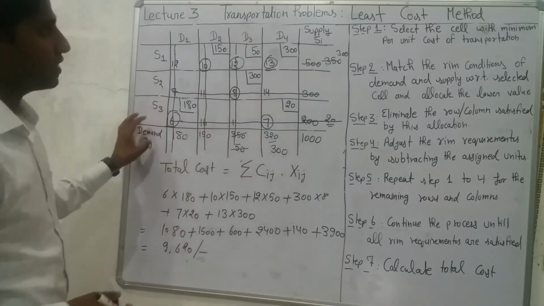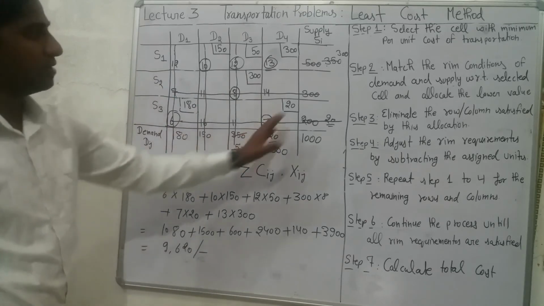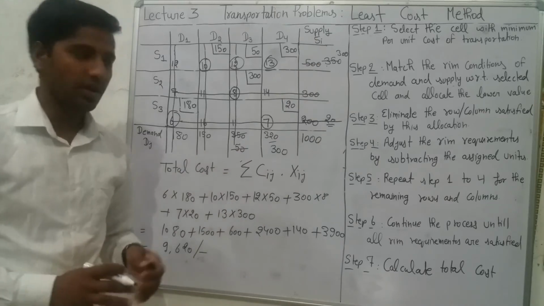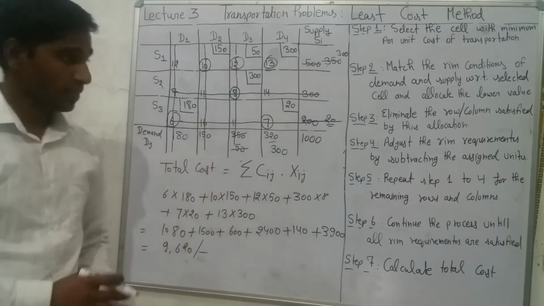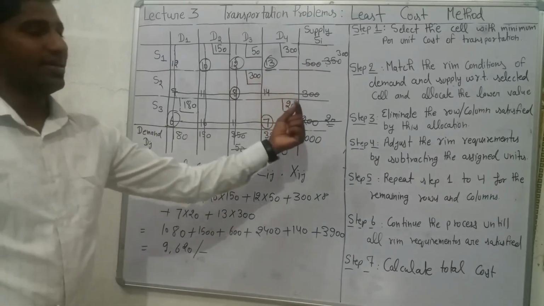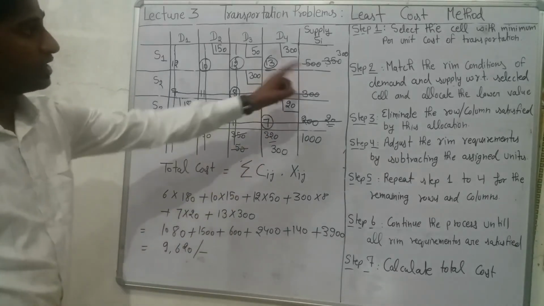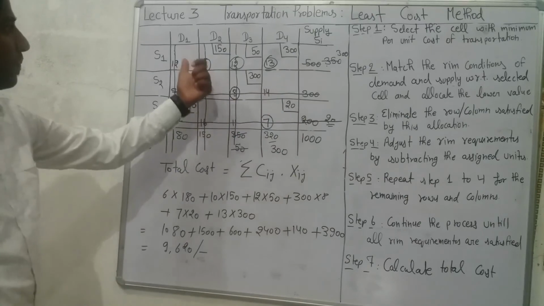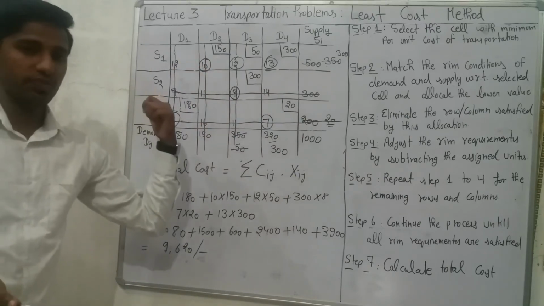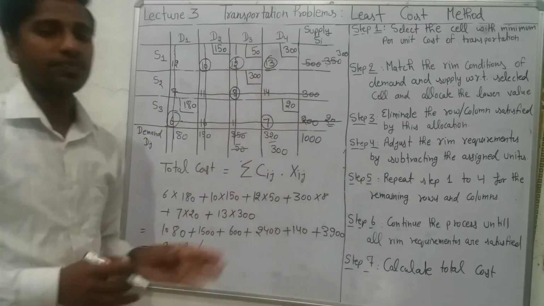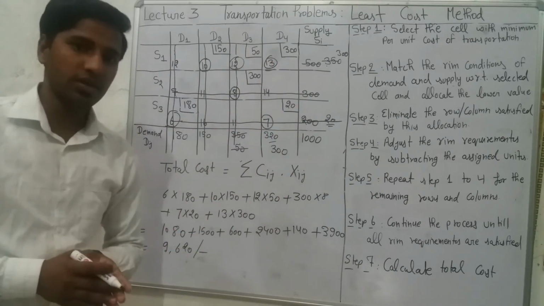It just considers the rim requirements. So that was the major drawback of the northwest corner rule method. The least cost method is an advancement of it, because this method considers per unit cost of transportation. So it is the plus point of the least cost method over the northwest corner rule method.